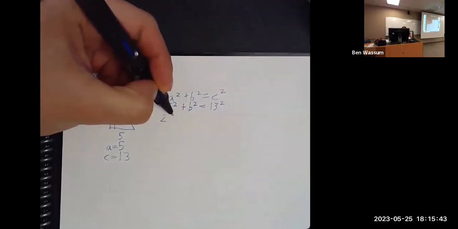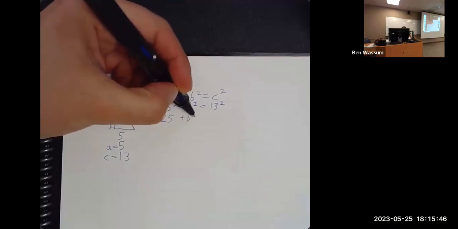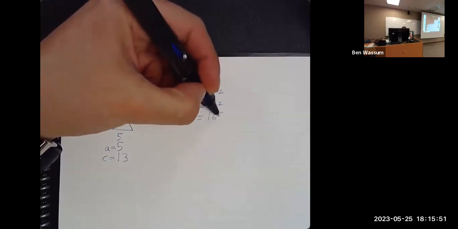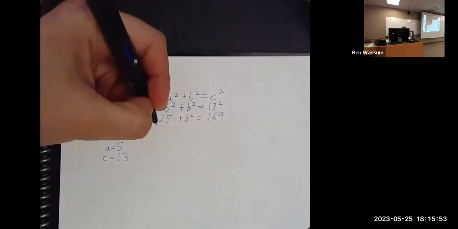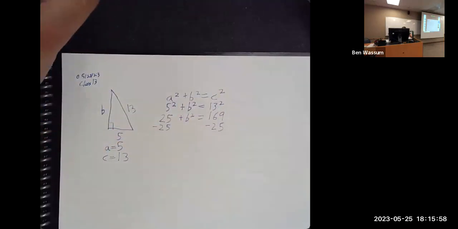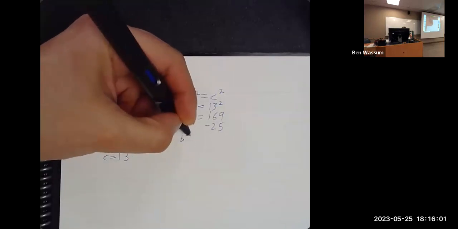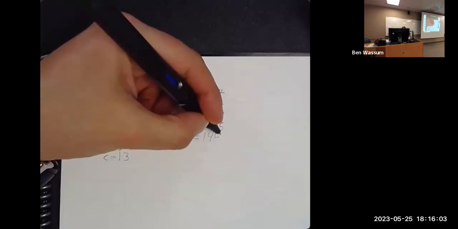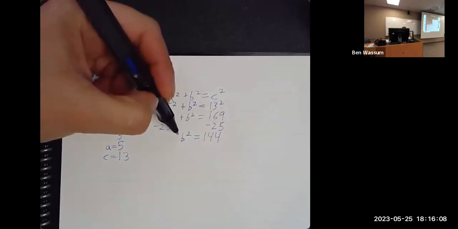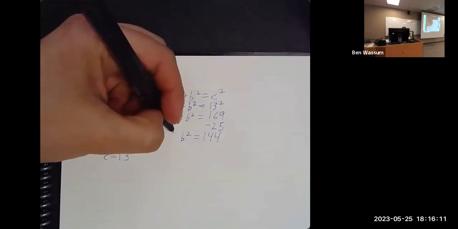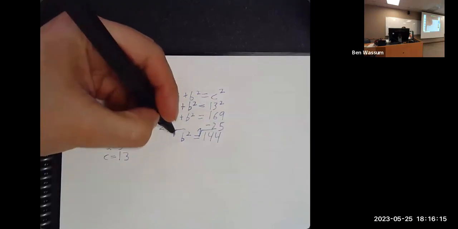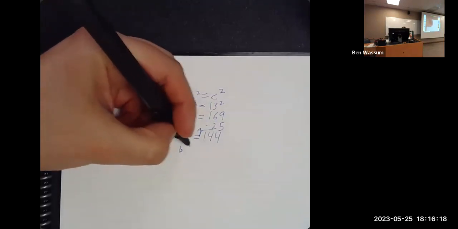So 5 squared is 25 plus b squared is equal to 13 squared is 169. I'm going to subtract off the 25. So b squared is 144. And in order to get the b alone, to cancel out the square, we have to take the square root of both sides. The square root of b squared is just b.